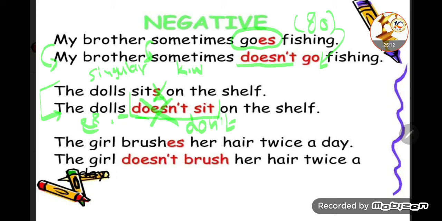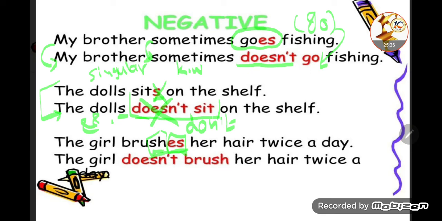Okay, last example: The girl brushes her hair twice a day. Notice that the verb ends with es, because it ends with sh. The girl brushes her hair twice a day. I need to negate this sentence.